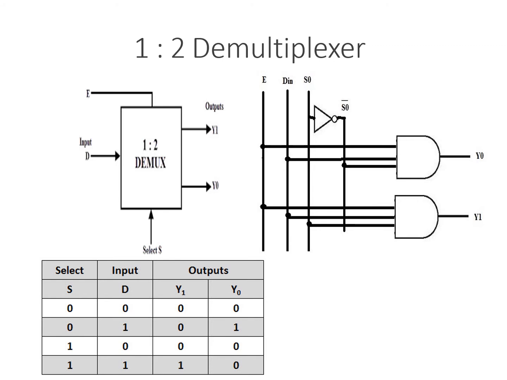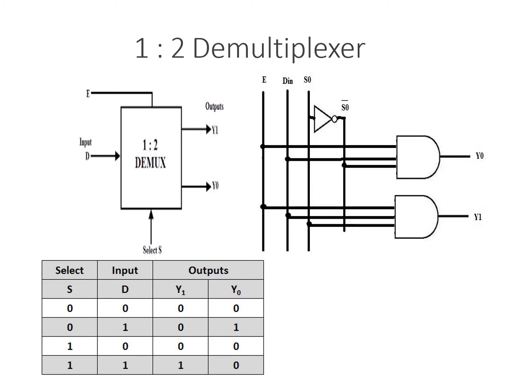Similarly, the select line is 1 and the data input is 0 or 1, and the outputs are recorded accordingly. Look at this. When select is high and data input is high, Y1 is connected.